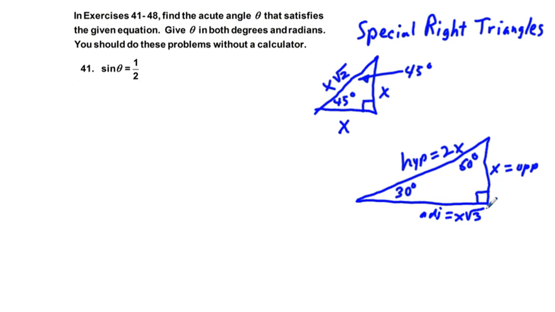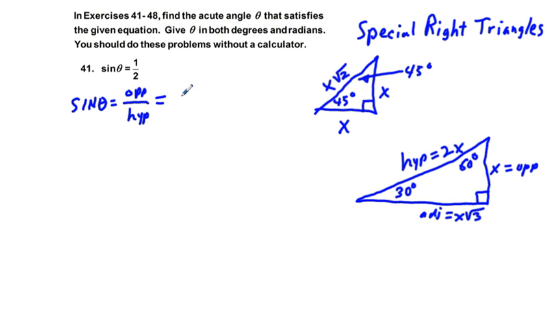So in this, where sine equals 1/2, sine theta equals opposite over hypotenuse. Well, in this case, what is the ratio in any of these special right triangles that gives us a ratio of 1/2?